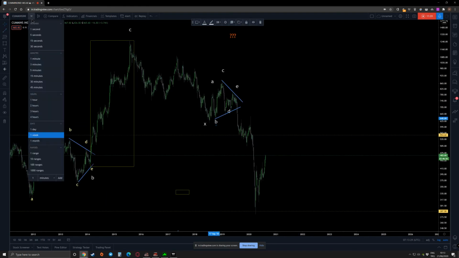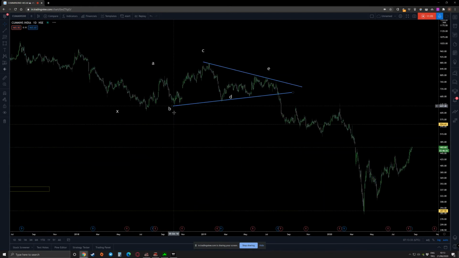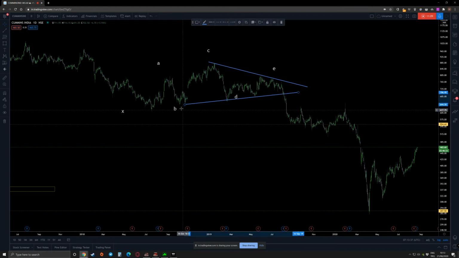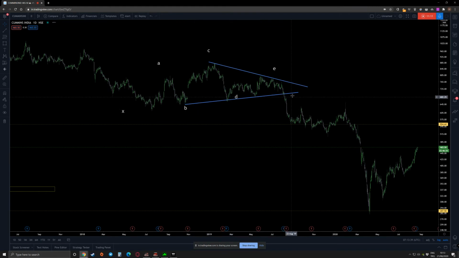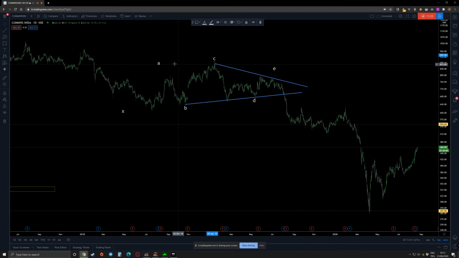What I would do is actually go to the daily chart and try to do a little bit better job. That's the D wave, B wave should be. Now the D wave should be here. This is the C wave. Now, why is the D wave not here?